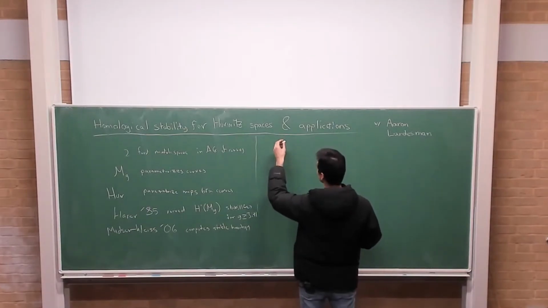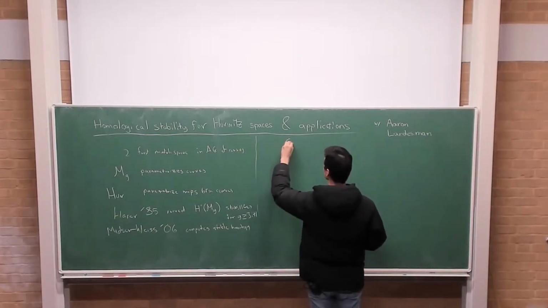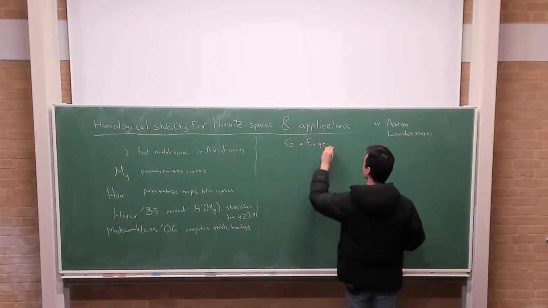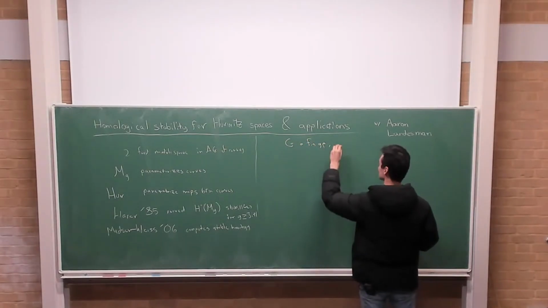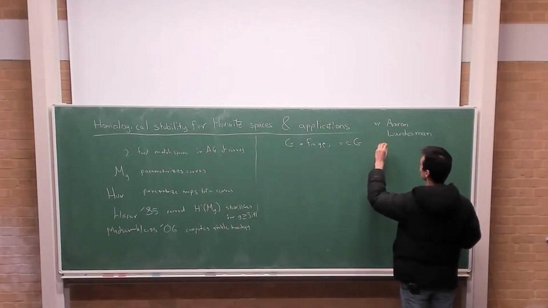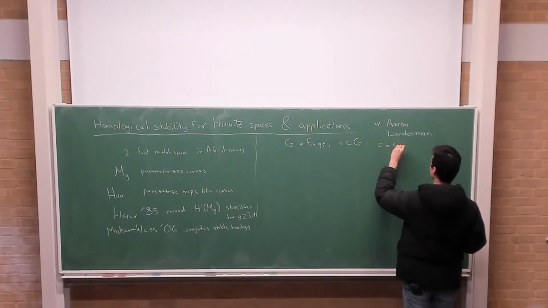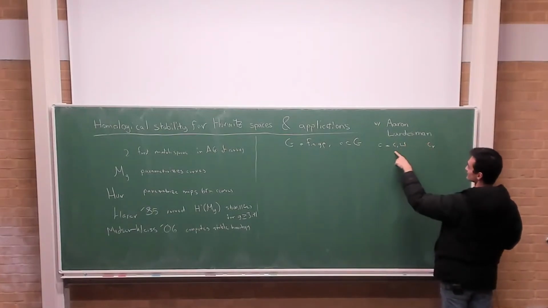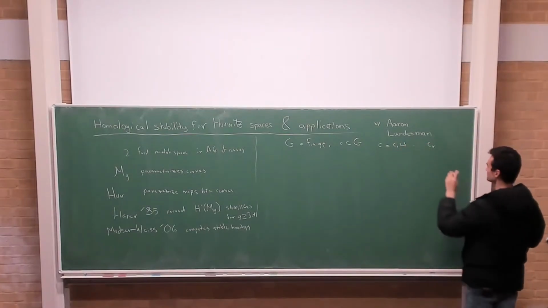Here's the setup that I want to use for Hurwitz spaces. Let G be a finite group, and let C inside of G be a subset such that C is a union of conjugacy classes. I'll call the conjugacy classes C_1 to C_v.